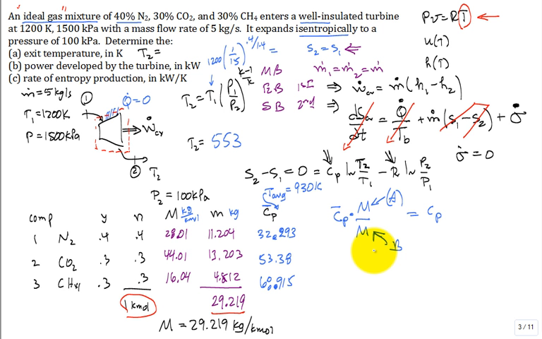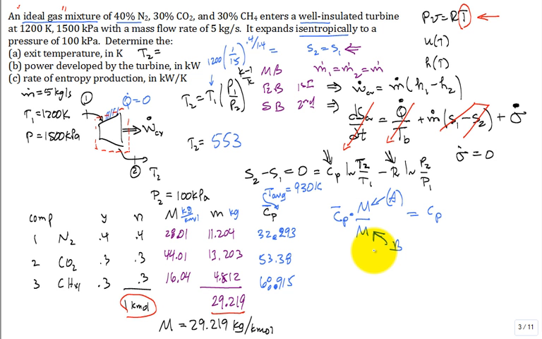I want to get C sub P. You don't have time to look it up. You have to just tell me. Everybody vote?